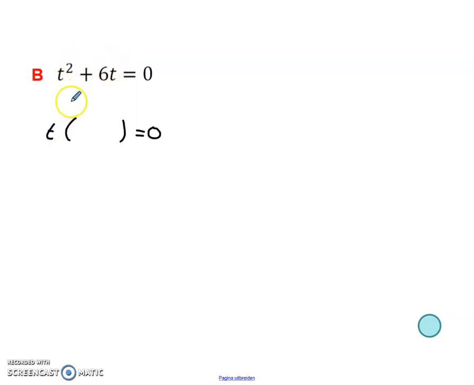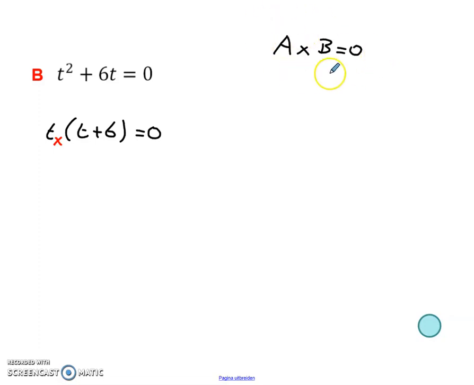So I put them over here. Then you take a good look what should be between brackets. t times t is t squared. t times 6 is 6t. So now we've factorized. And I'm doing this because I want to use this rule. a times b is equal to 0. And the multiplication symbol is over here, but we don't write it down when we factorize.